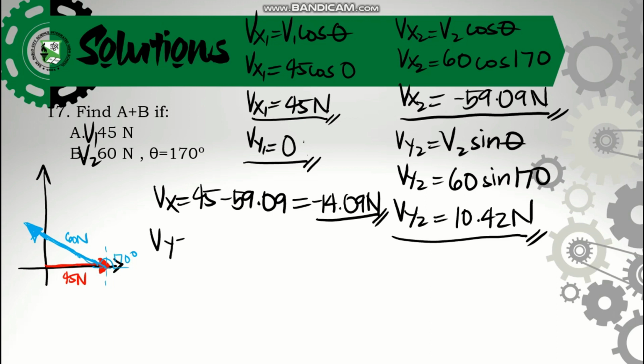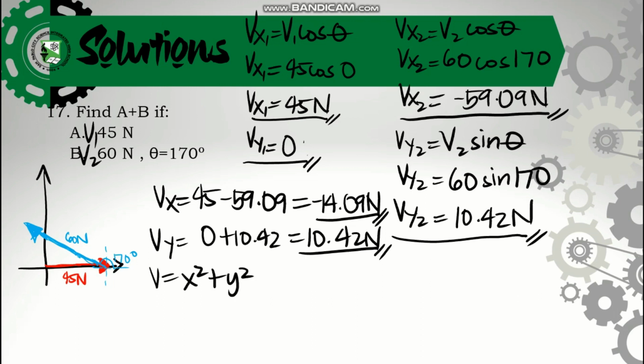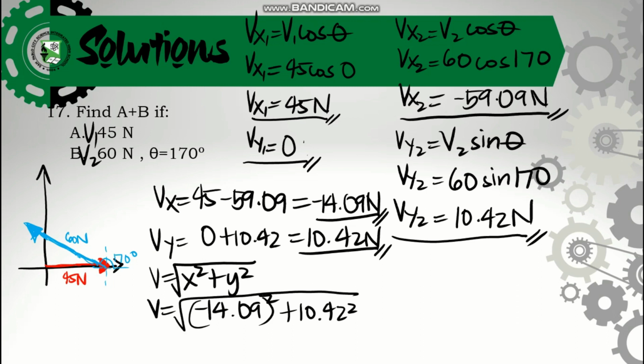So, kung meron na tayo niyan, summation. Ang pinakang concept talaga nito, pinagpa-plus natin lahat ng vectors. But again, don't disregard the sign because sign is very important. 45 minus 59.09 is equal to negative 14.09 Newton. Vy is equal to 0 plus 10.42 is equal to 10.42 Newton. So we have the x and y component.